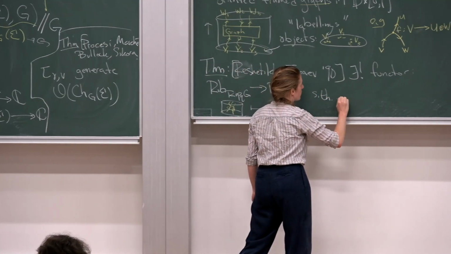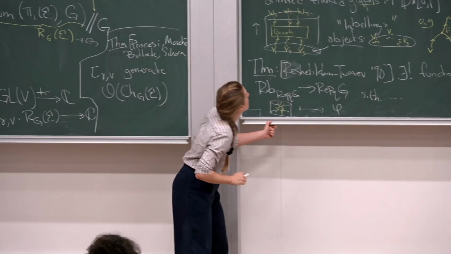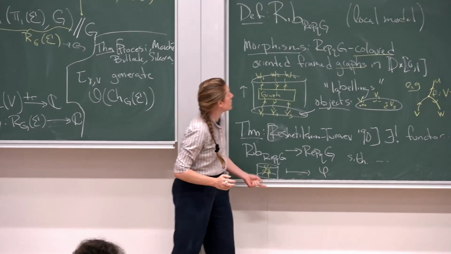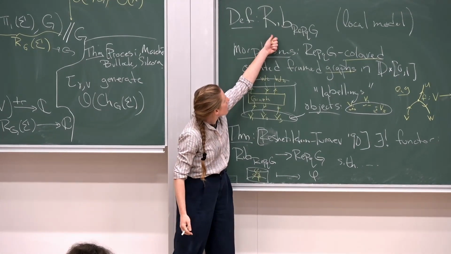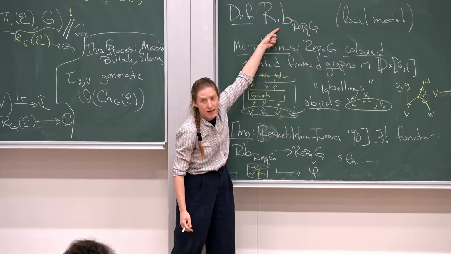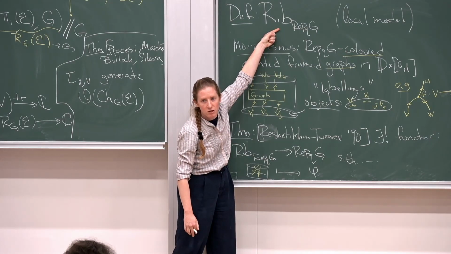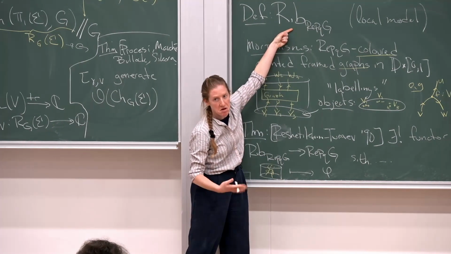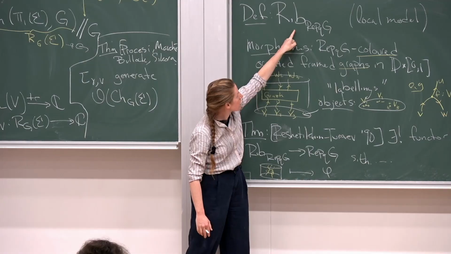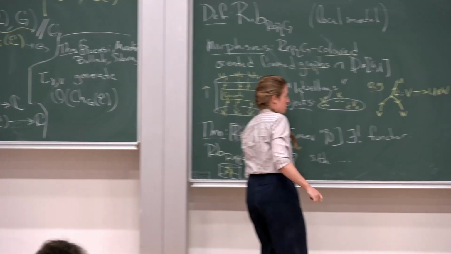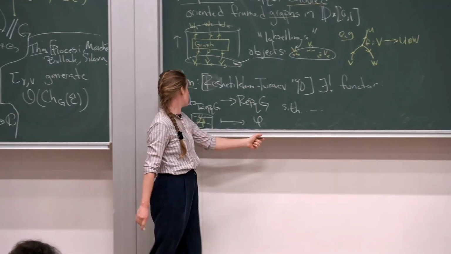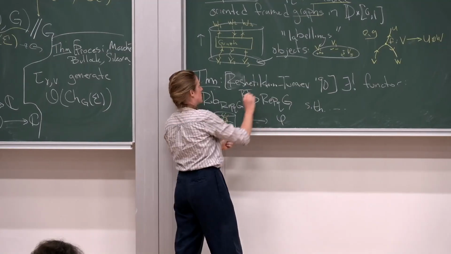such that, there are many conditions, which I don't think will be of interest in this audience, but say this thing turns out also to be a braided category, so it needs to respect that structure. This turns out to be pivotal, so it has to respect that structure. It has to respect a bunch of structures. Let's call it RT.